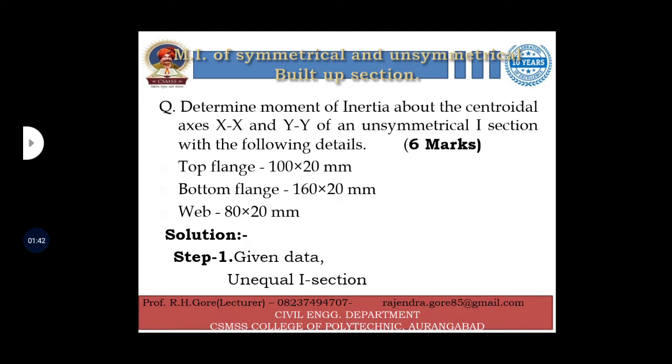These problems are asked in MSBTE board exam for 6 marks I scheme. So let us start from the given data. Unequal angle sections.